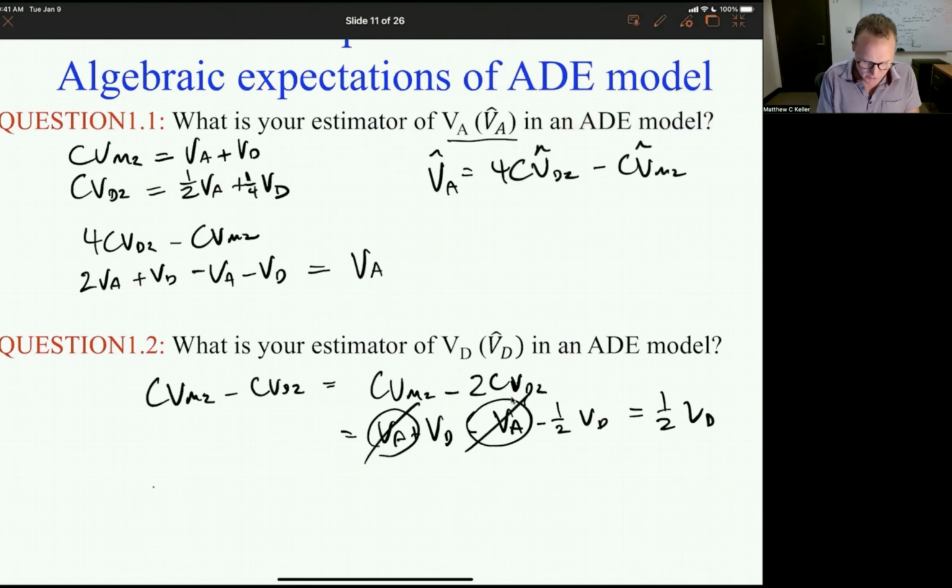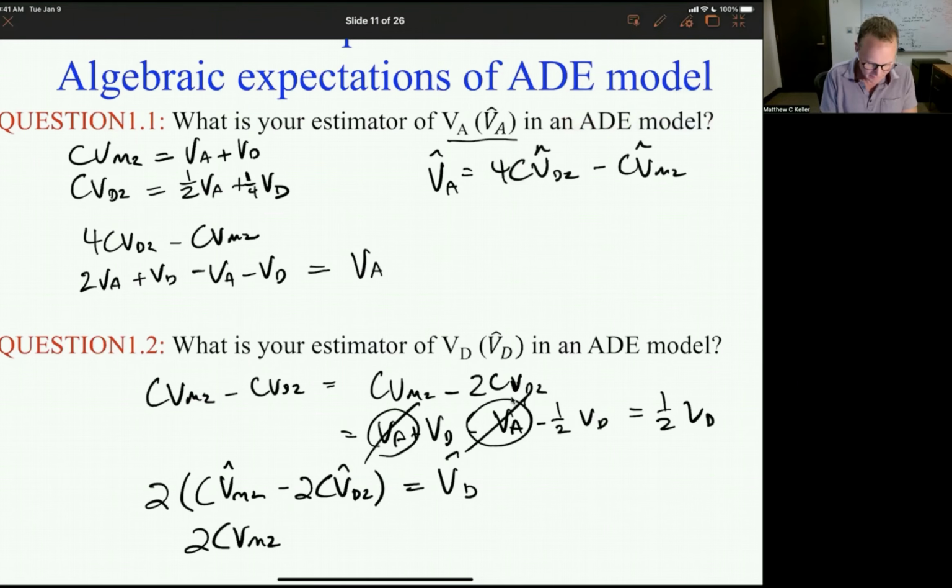So therefore, 2 times the covariance of MZ minus twice the covariance of DZ would be an estimator of VD, or rewritten, 2 times the covariance of MZ minus 4 times the covariance of DZ would be an estimator of VD.